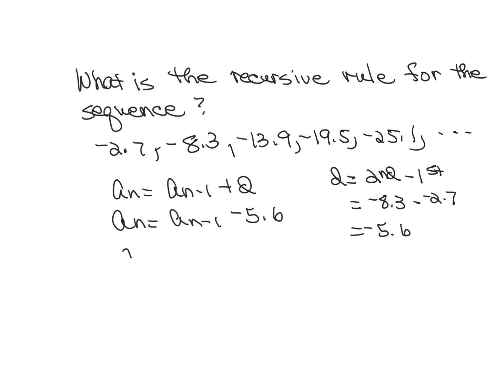And in this particular sequence, my value for a sub 1, the first term, is negative 2.7. So this is the answer that you would have for the recursive formula. You find d, replace d in the formula, and then state what a sub 1 is equal to.